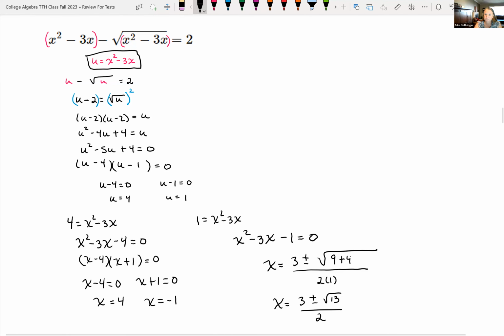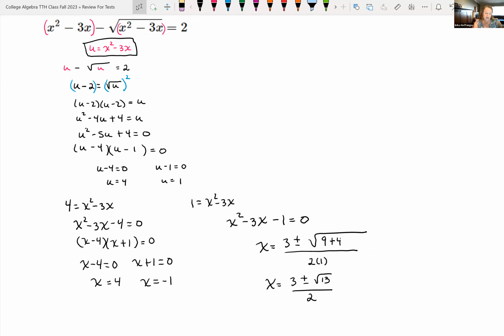Okay, so looking at this, we had squared both sides of our equation, so we have to go back and check our solutions. And so we want to go back and plug in x equals 4.